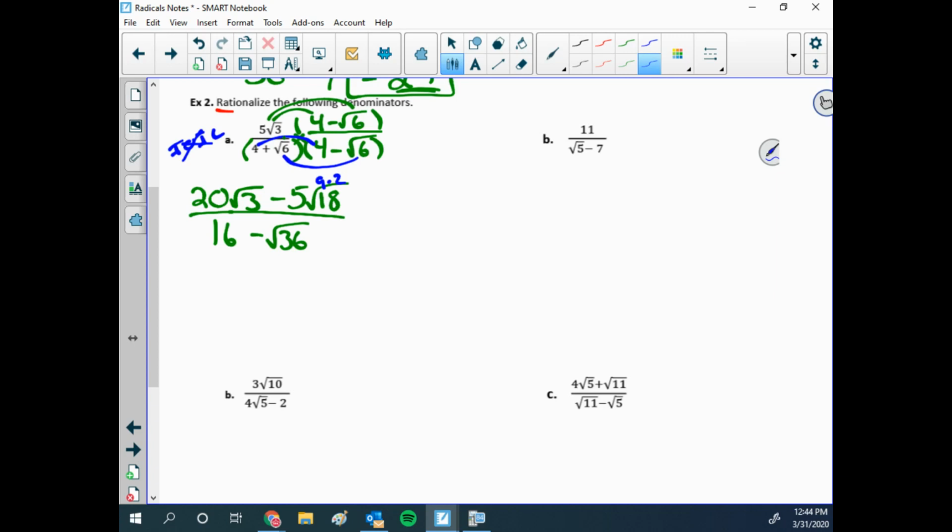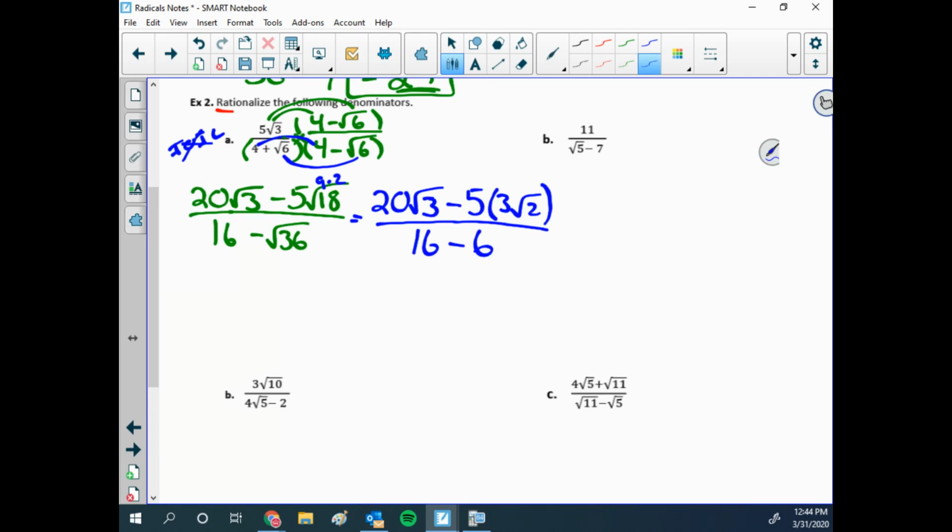And the square root of 9 is 3. So minus 5 times 3 root 2 all over the 16 would stay the same, minus the square root of 36, which is a nice whole number of 6.